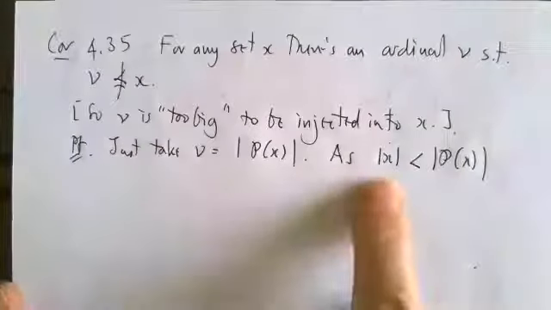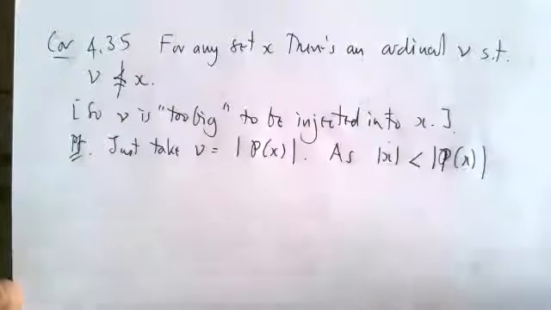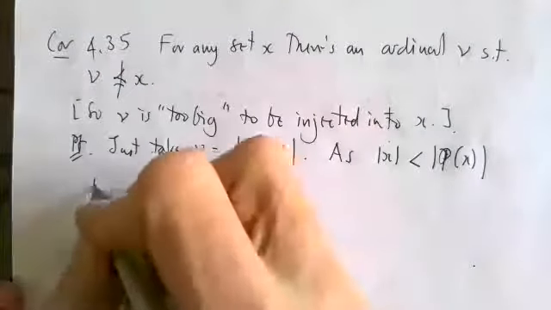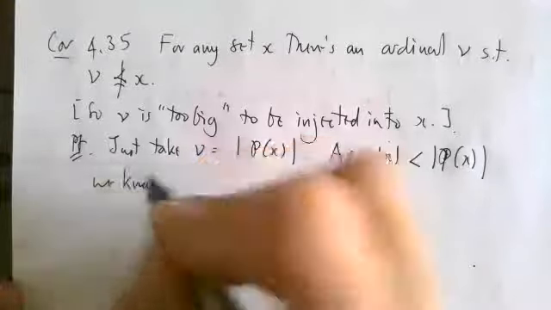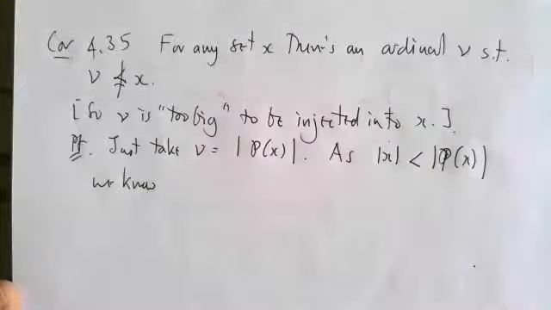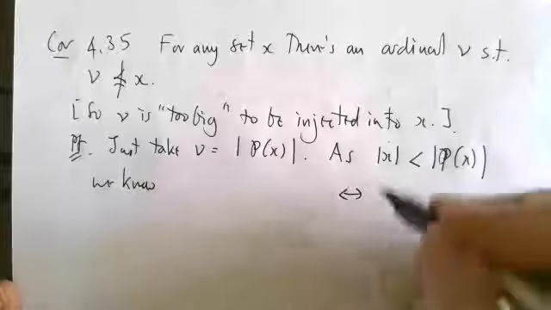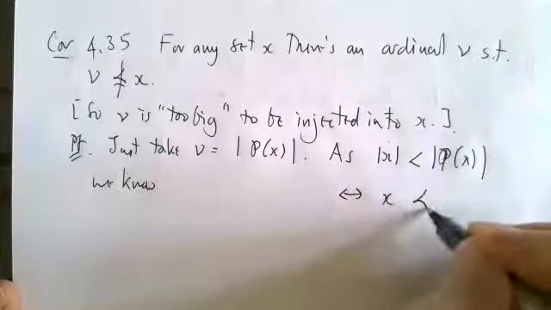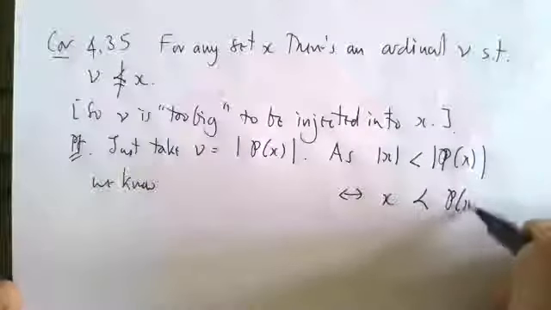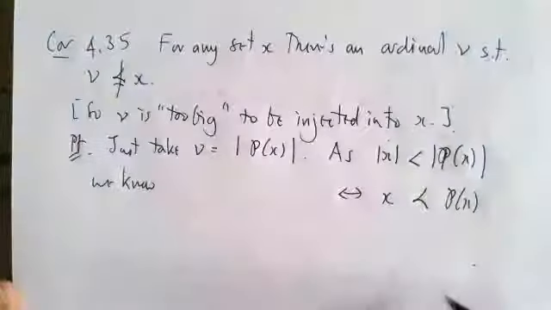So the cardinality of X is less than the size of its power set, right? Which happens here because there's an injection of X into its power set, but not the other way around.